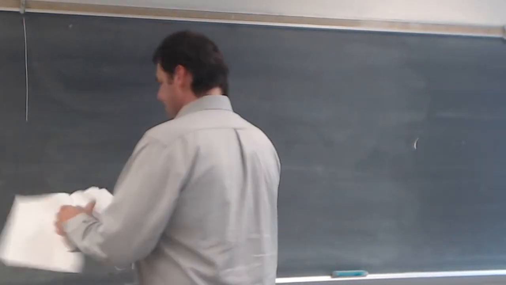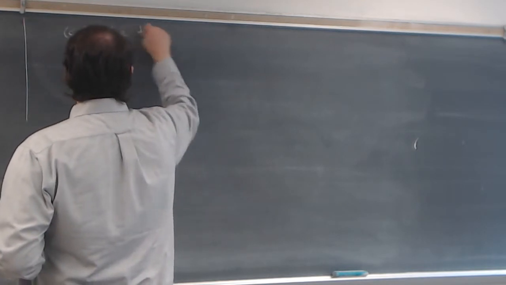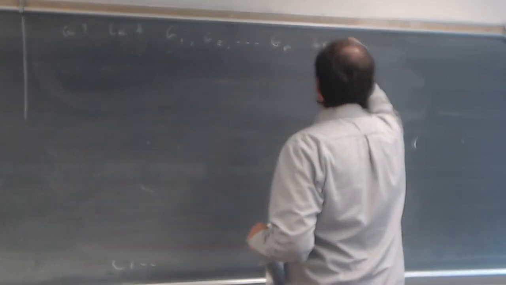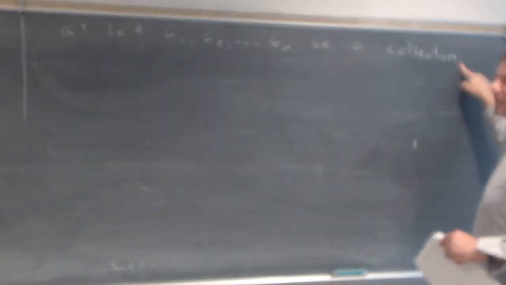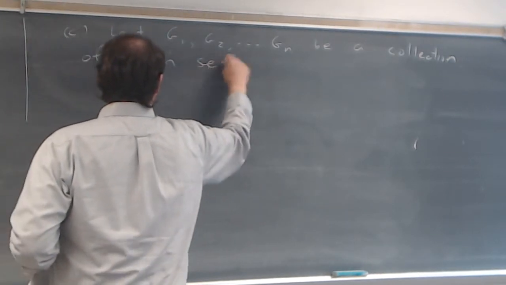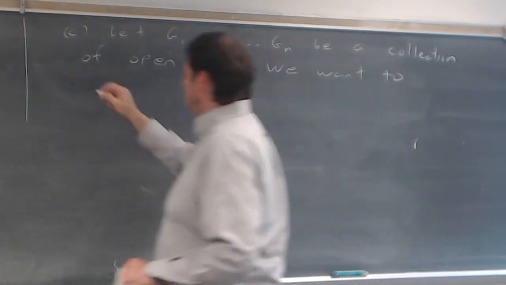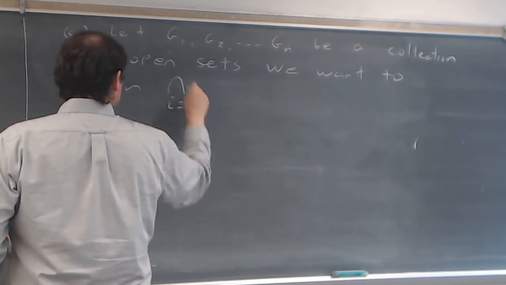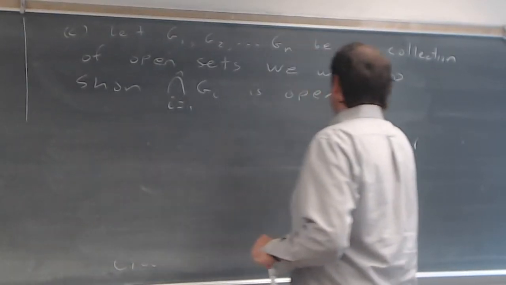Okay, so for part C, we let G sub 1, G sub 2, all the way up to G sub n be a collection of open sets. We want to show that their intersection is open.